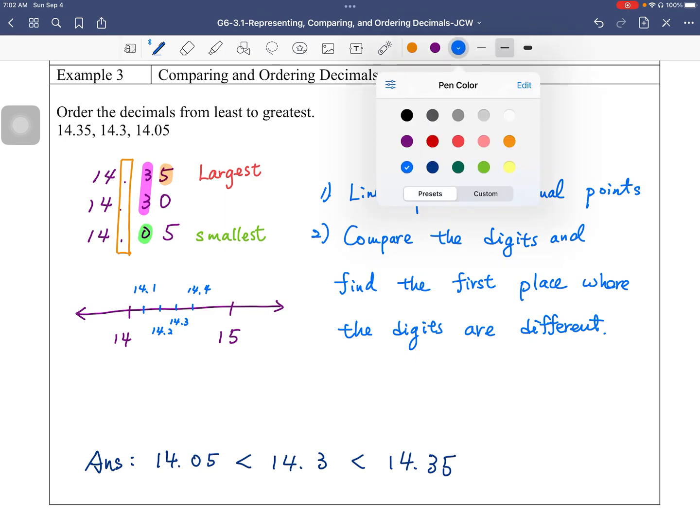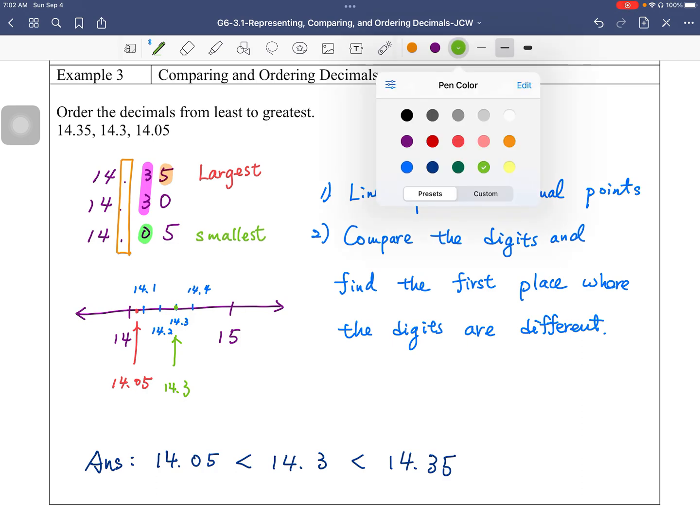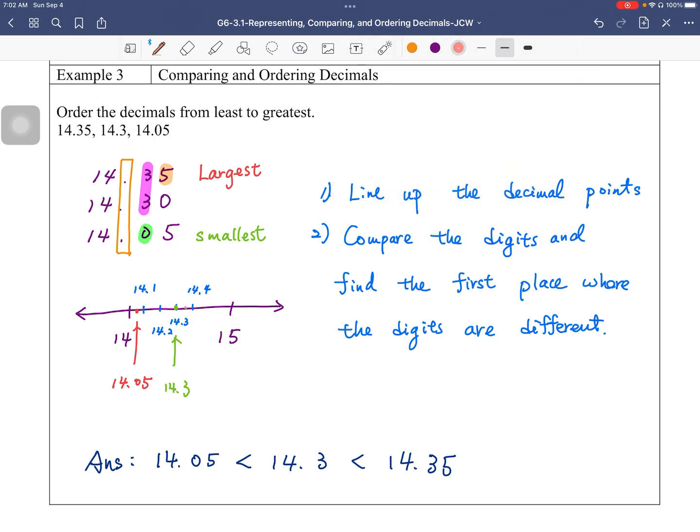So now I have 14.05. Now I have 14.3. Now I have 14.35. Okay, that's it.